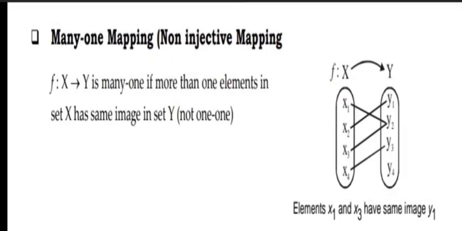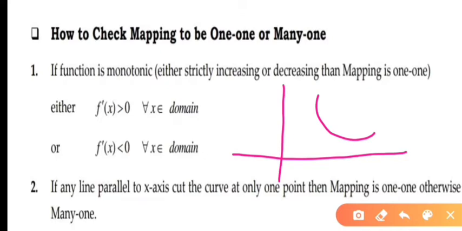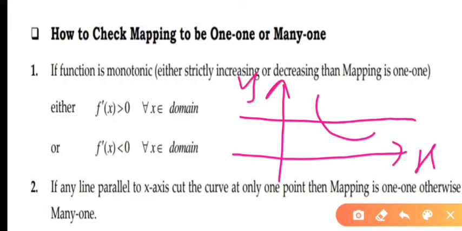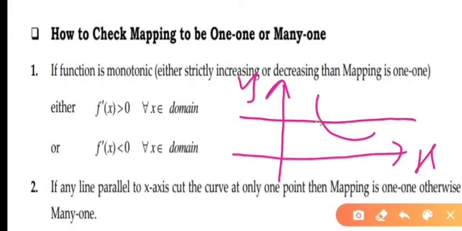Here is the x-axis and the y-axis, and a curve is there. Any line parallel to the x-axis which cuts the curve at only one point means the mapping is one-one. Otherwise it is many-one. If the line cuts the curve at more than one point, then we can say it is many-one. Got it?